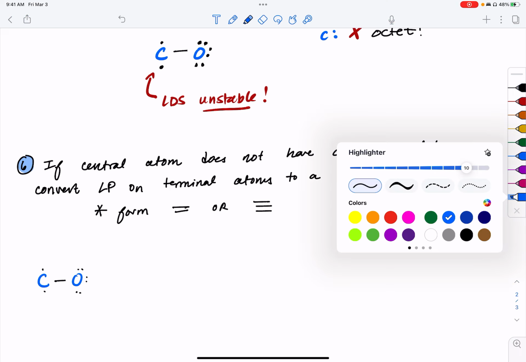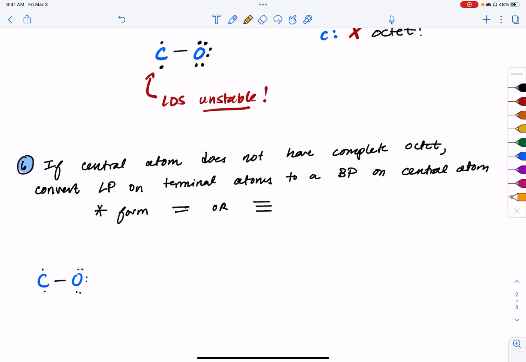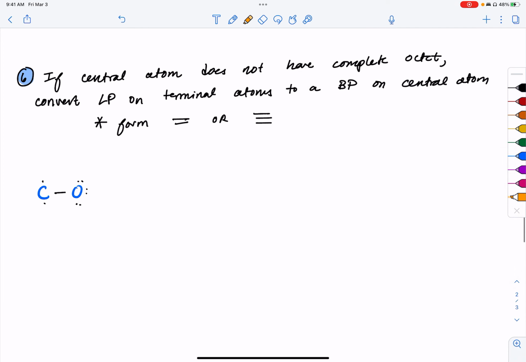Now, anytime you are doing this process of converting your lone pairs on your terminal atoms, so for us, this is going to be the thing that had its octet full, into bonding pairs, when you do that conversion, quote unquote, you're not inherently changing the fact that this terminal atom is still achieving octet. All we're doing is taking something from being a non-bonding pair of electrons and converting it to a bonding pair. So let's take, I don't know, these 2 electrons.